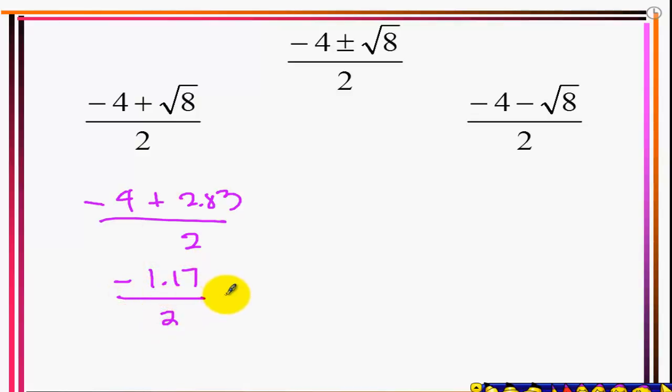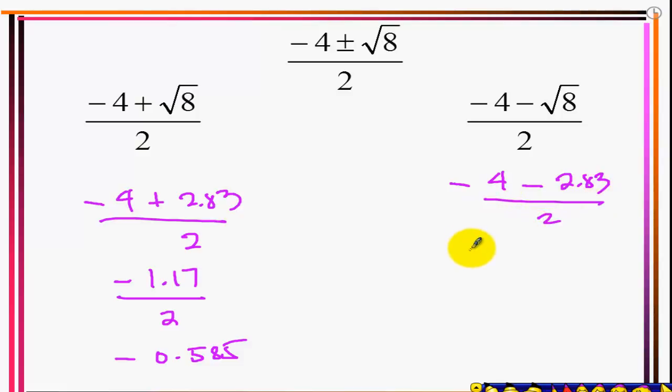We will have negative 0.585. Okay, next, if we are going to simplify this, we'll have negative 4 minus, again we said that square root of 8 is 2.83 divided by 2. So negative 4 minus 2.83 is equal to negative 6.83 divided by 2.